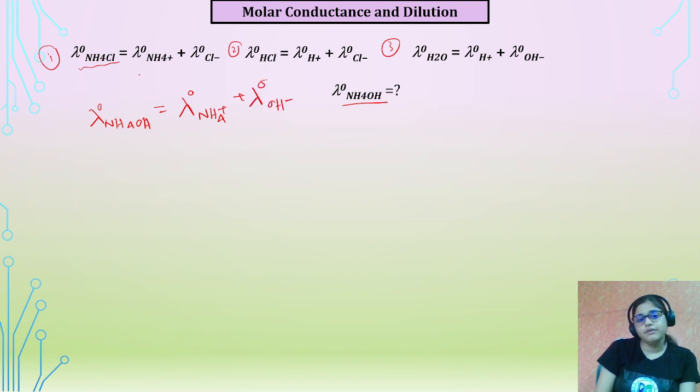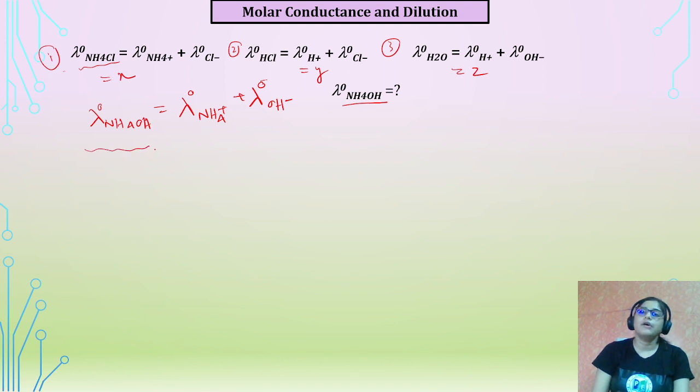Now see, we got these values. Let's say this one is X, this value is Y, this value is Z. Now how can we determine the value of this with respect to X, Y and Z?